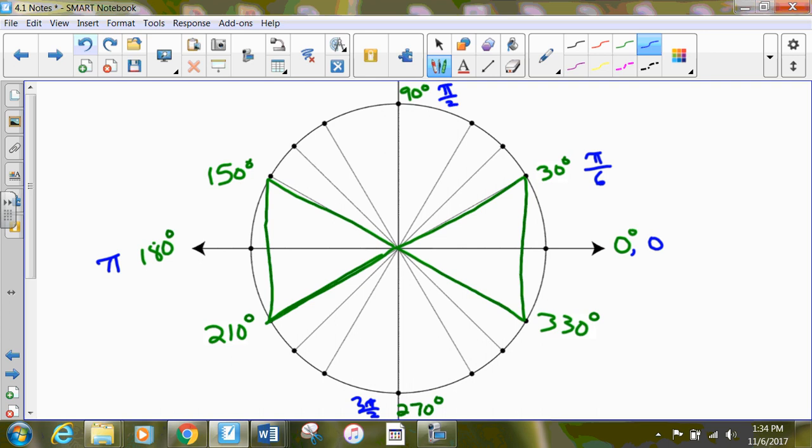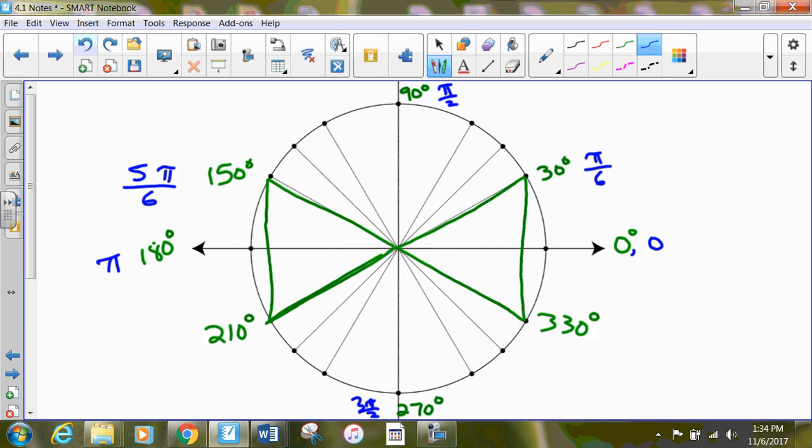To find this angle right here, I go all the way to pi, but I back it up pi over 6. So pi minus pi over 6 is 5 pi over 6. I surely would like some backup here. I wish you guys could be giving me the answers while I'm writing, but let's make sure. Yep, pi minus pi over 6 is 5 pi over 6.